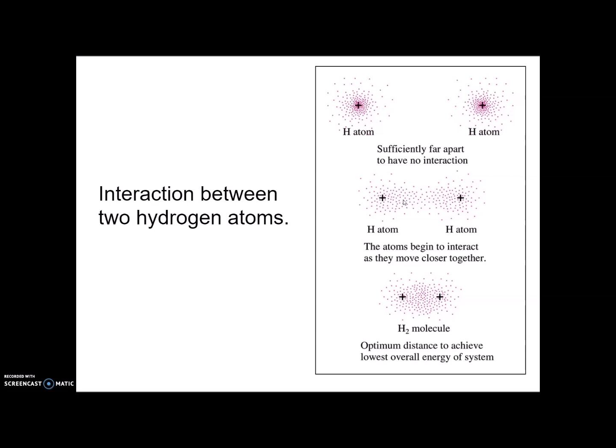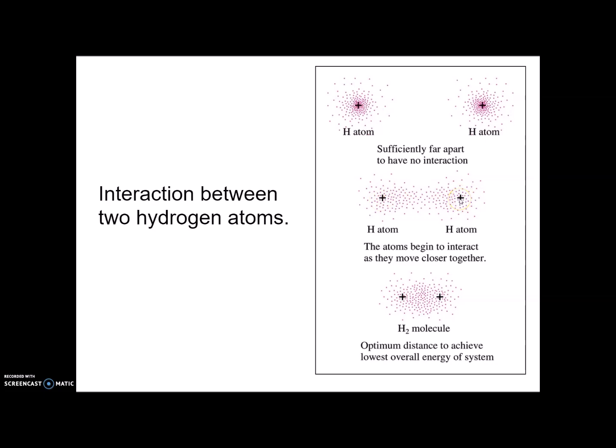So let's consider the electron of the hydrogen atom on the left side. It's a negatively charged particle. Electrons are all negatively charged. Opposite charges attract. So that electron is both attracted to its own nucleus, which is positive, and to the other atom's nucleus, which is positive.